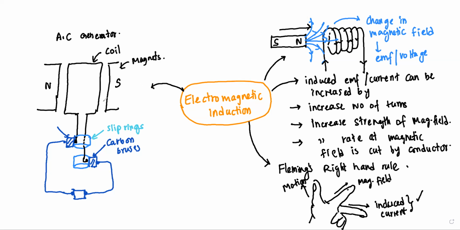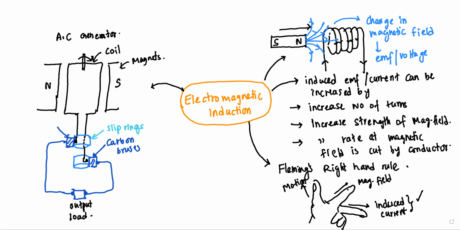Right. So we have a simple connection of a generator, and this is the output load where we take the output current. In a generator, what actually happens is the same thing we explained in the coil. In a generator, we need an external connection to rotate the coil.